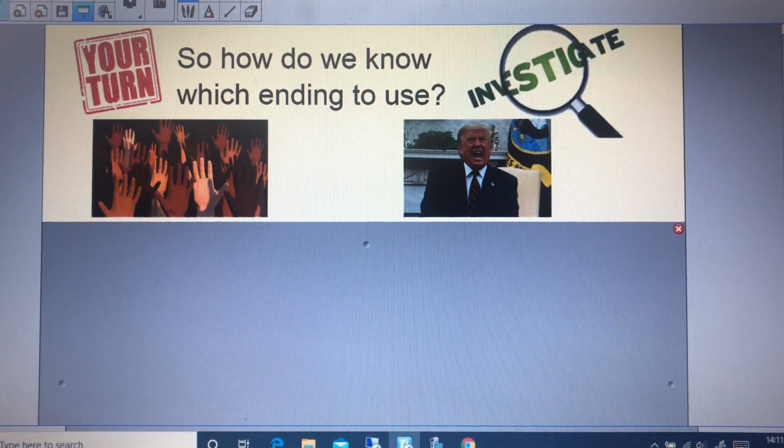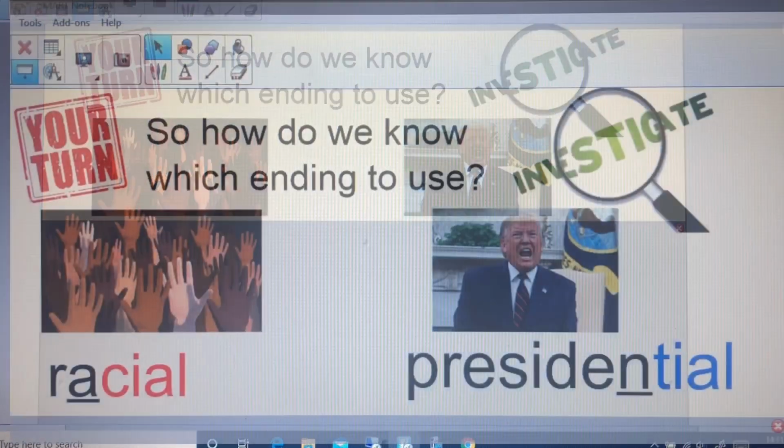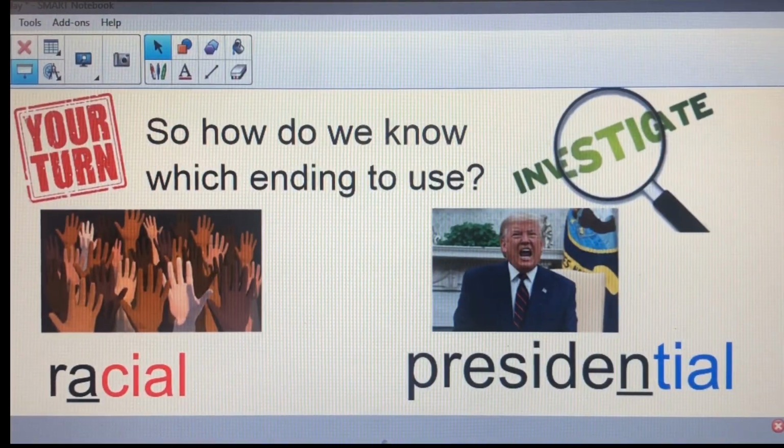Now, let's have a go at this one and see if we can investigate this too. So I've shown you two pictures as kind of picture clues for you to guess two words ending in the shul sound. One of them ends in the C-I-A-L and one of them ends in the T-I-A-L. So the one picture clue was for racial.